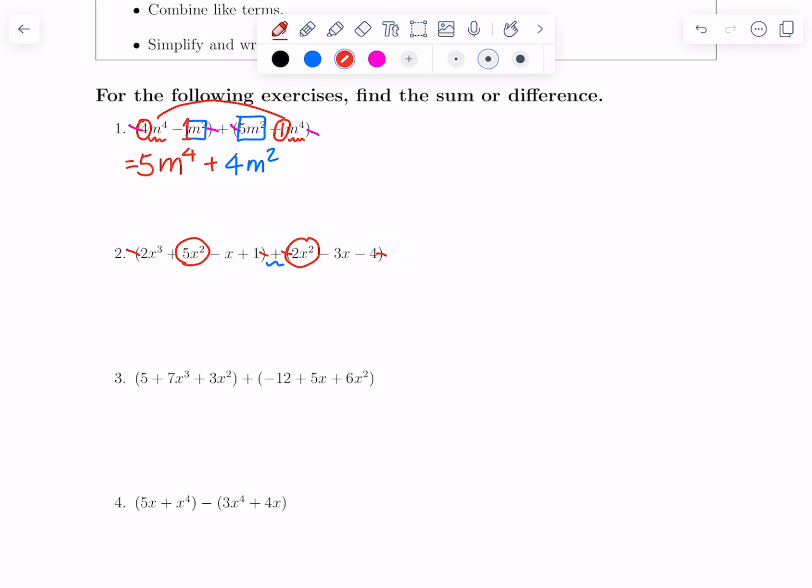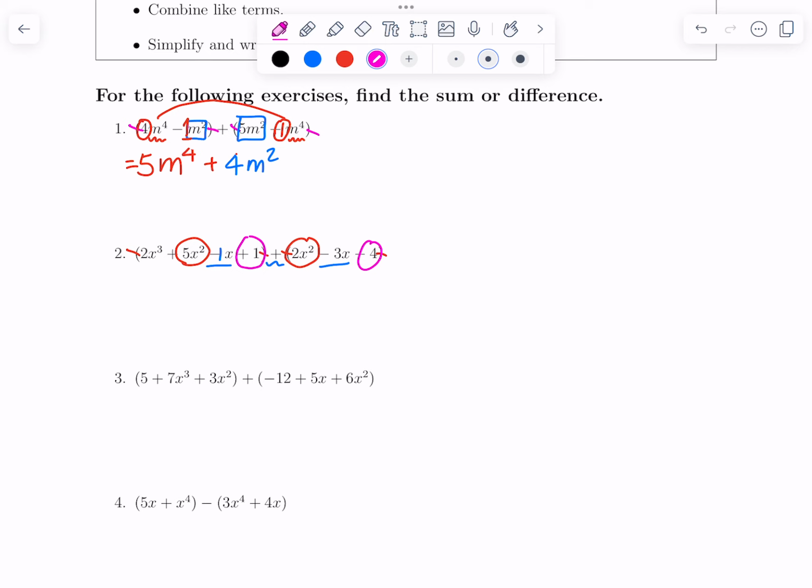Here I have a 2x squared. Here I have negative 1x, and here I have negative 3x. They're like terms. As well, we have the constant terms over here, 1 and negative 4.